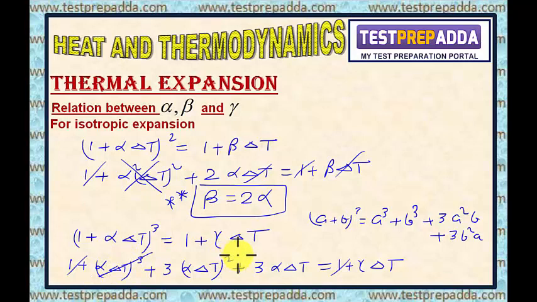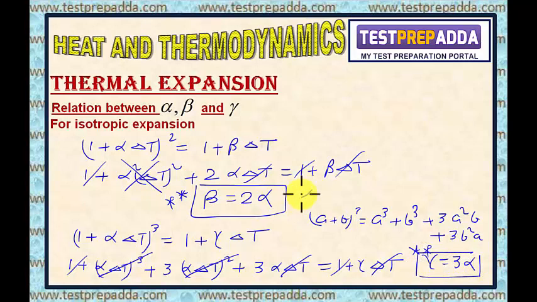So these two terms can be neglected, and here delta T will get cancelled. At the end we get gamma is equal to 3 alpha. Another very important result: the coefficient of volume expansion is 3 times the coefficient of linear expansion.